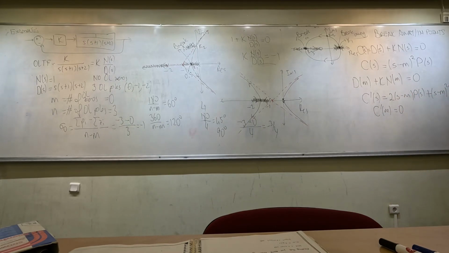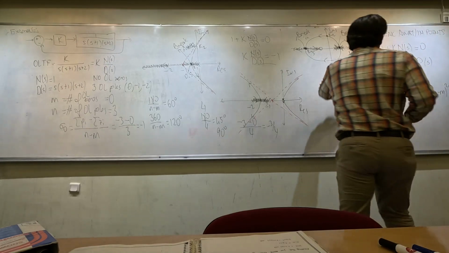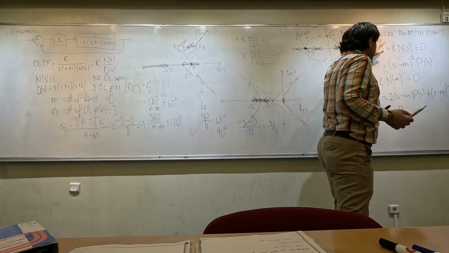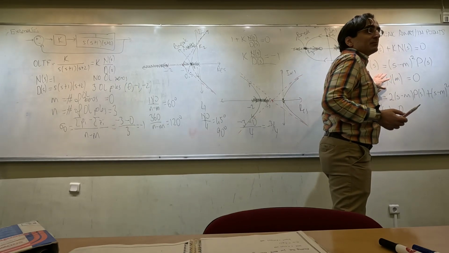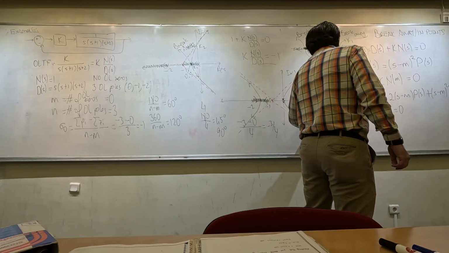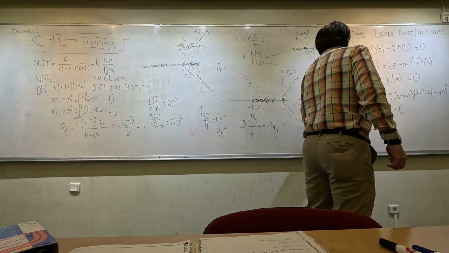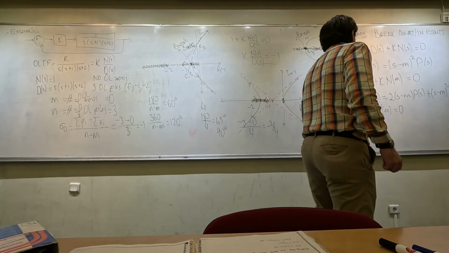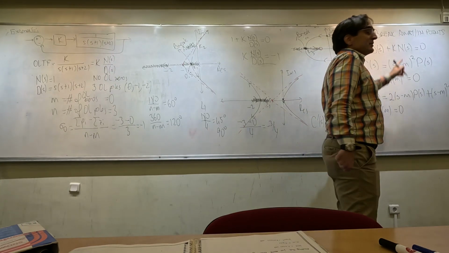Okay? So that actually means that I can take the derivative of this polynomial, and the derivative should still satisfy the same equation. If I calculate C prime of s, it is going to be D prime of s plus k N prime of s. Okay? This k is independent of s now.